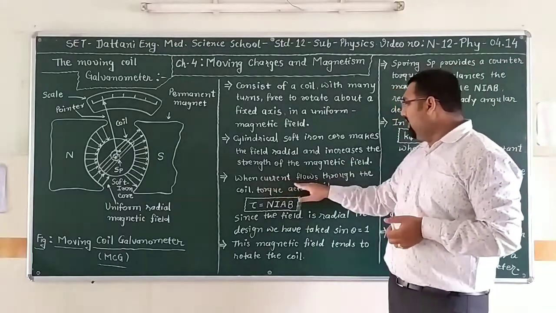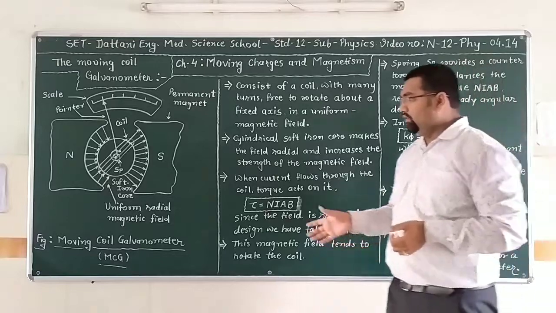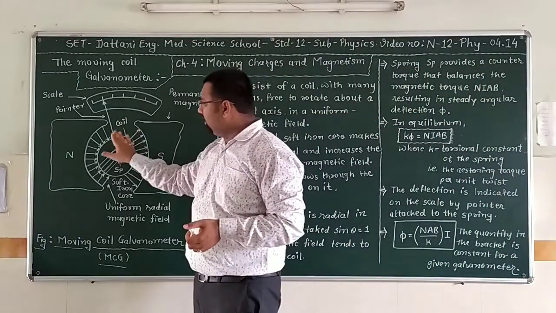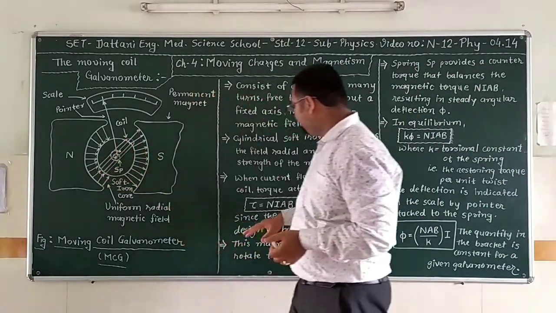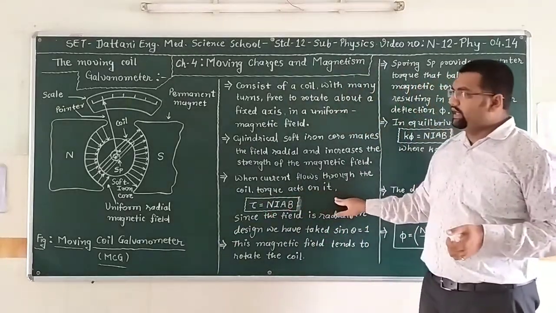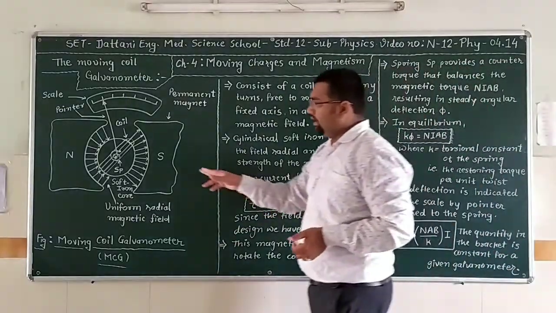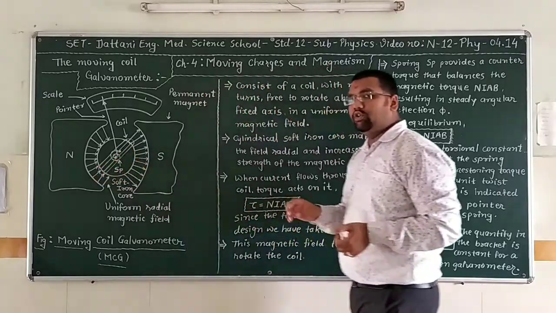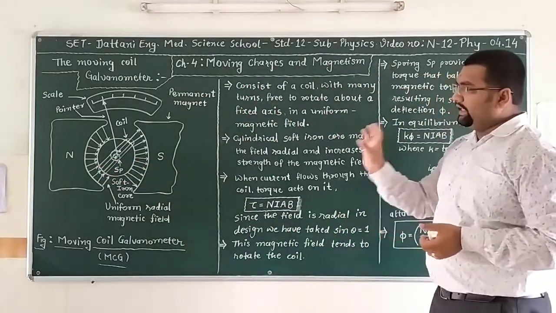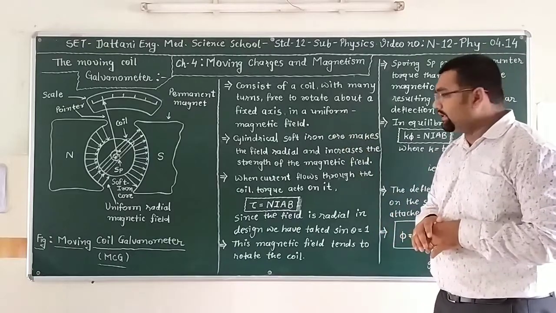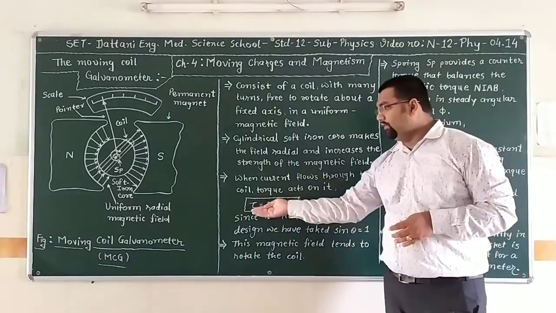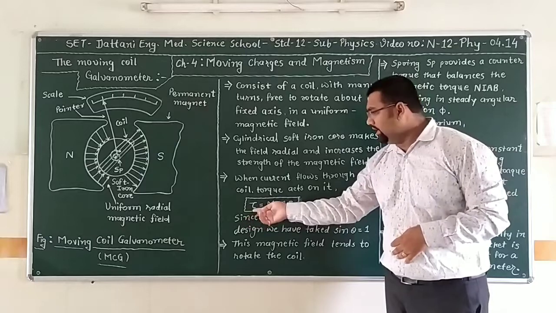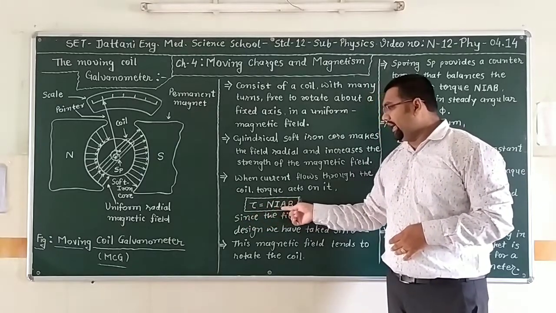Now when current flows through the coil, when we pass the current through this coil, a torque acts on it. So that coil will experience a torque, and the value of torque we can find from this equation: tau equal to NIAB.